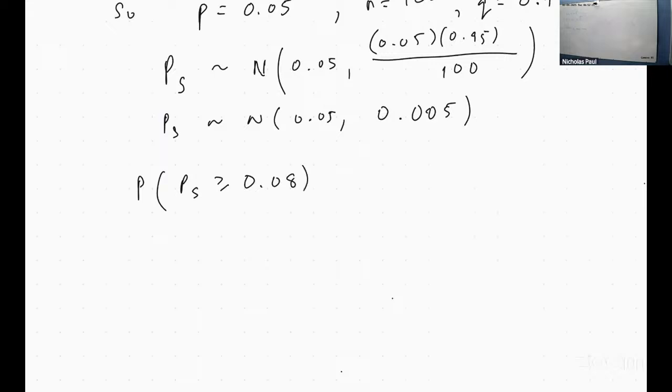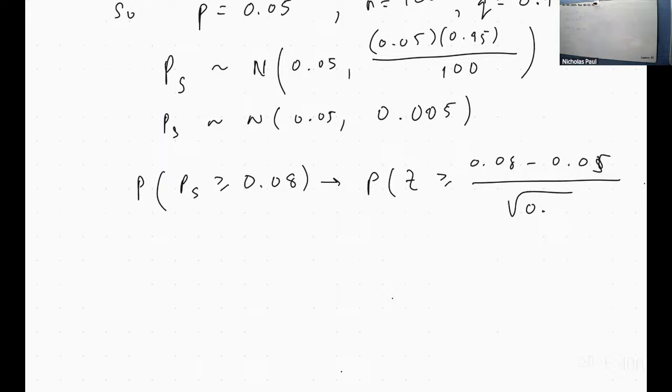So that'll be the probability of Z being more than or equal to 0.08 minus 0.05, all over the square root of 0.05 by 0.95 over 100.